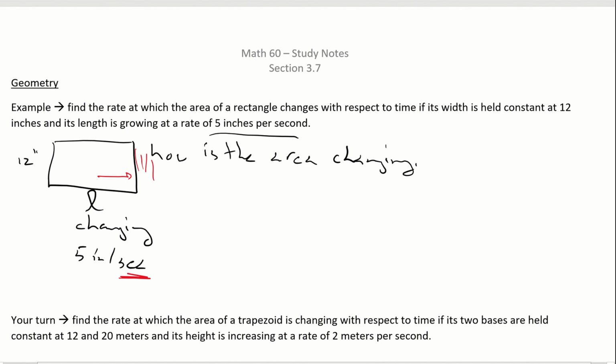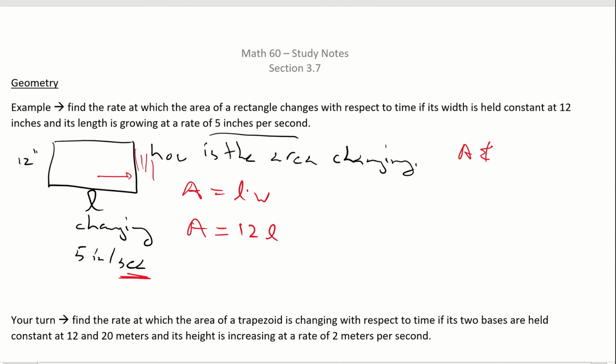That's actually pretty simple, isn't it? The area of the rectangle is equal to length times width. Now, someone told us the width is held constant at 12, so this area is really 12L.